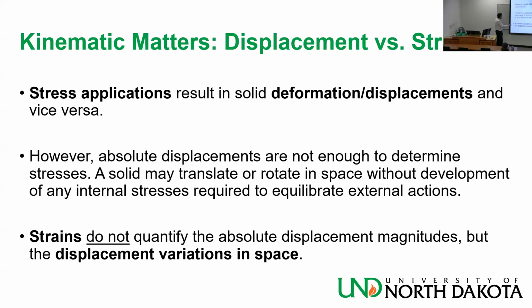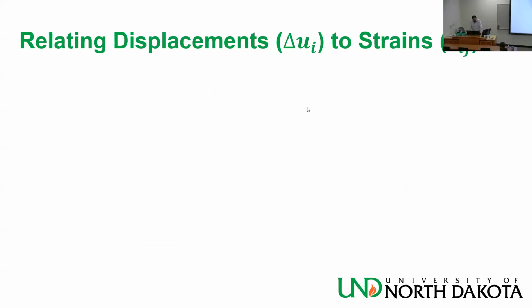It's applied everywhere, basically. Strains do not quantify the absolute displacement magnitudes, but the displacement variations in space. I know it sounds a little bit too scientific, it will become easier. Relating displacements, we're gonna use the U term for that, to strain, for strain, we're gonna use the Greek letter epsilon.